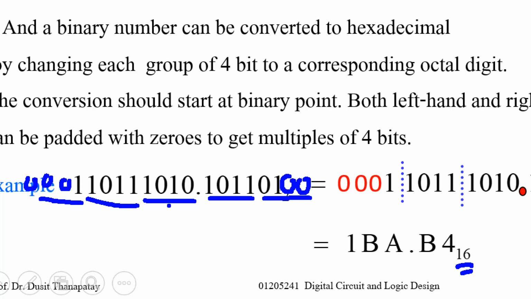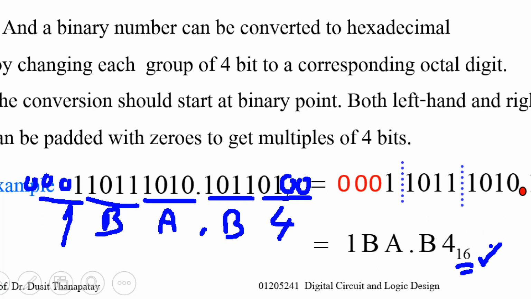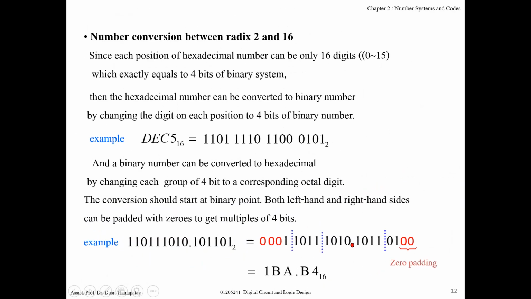Then you can convert directly. 1010 is 10, so it's A. And this one, 11, that is B. Then the dot. What about this one? 0100 is 4. That's all, for radix 16. Easy, right? Yes, pretty easy.